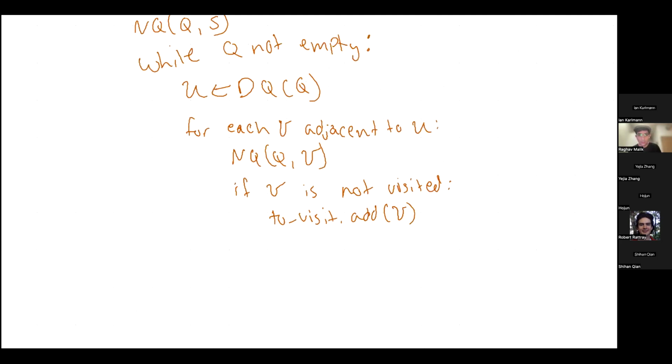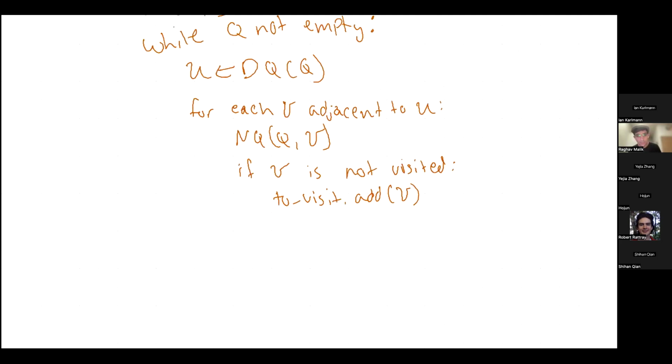And then we can say that the distance to v is 1 plus the distance to u, right? And then we can say the predecessor of v is u.